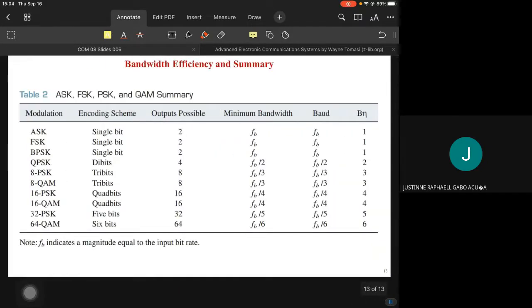So, this table summarizes with bandwidth efficiency in mind what we've discussed so far.